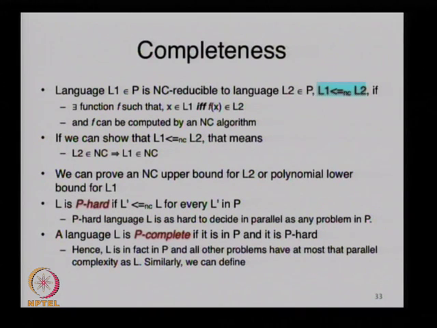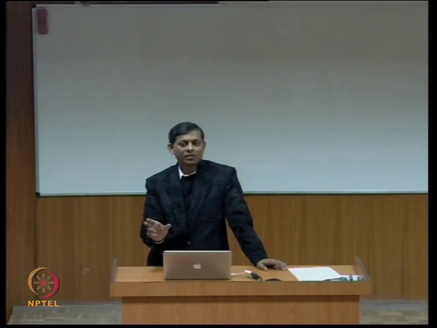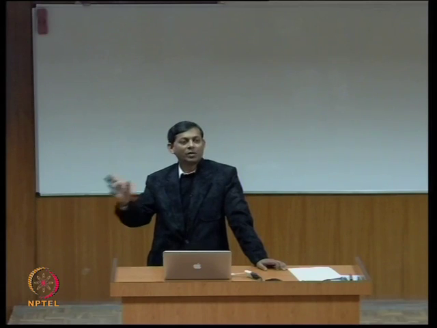If L1 belongs to P, that means effectively that there is a problem that can be solved in polynomial time. That is a language recognition problem, right? Right now we are defining everything not in terms of taking a problem and solving it, but having an equivalent language and asking if an element belongs to this language or not, recognizing this language.